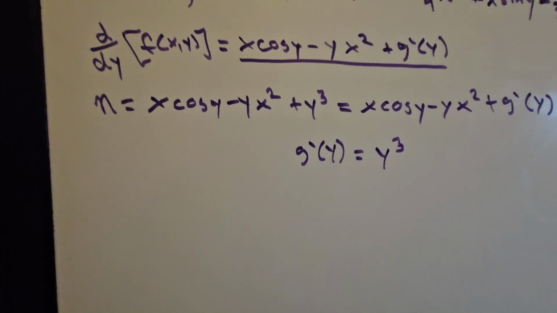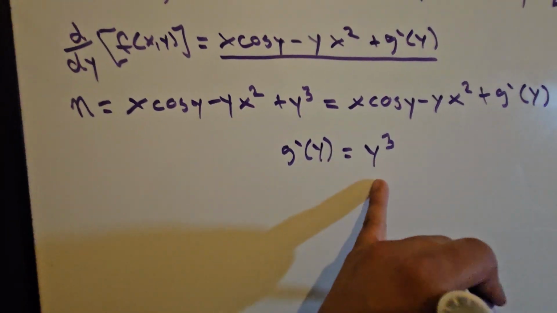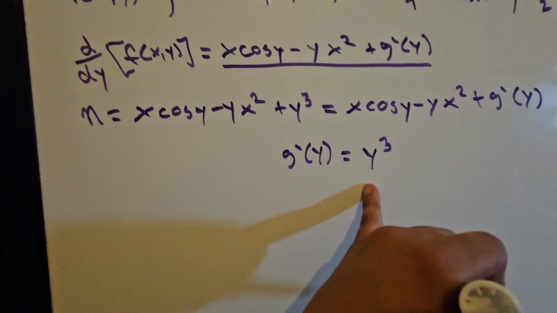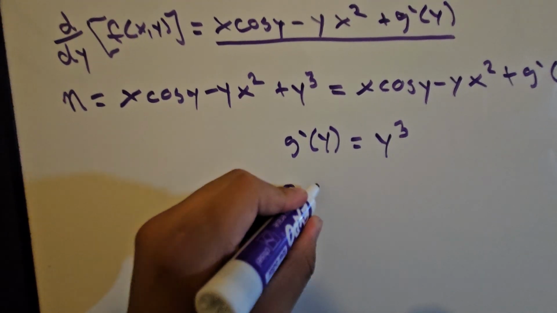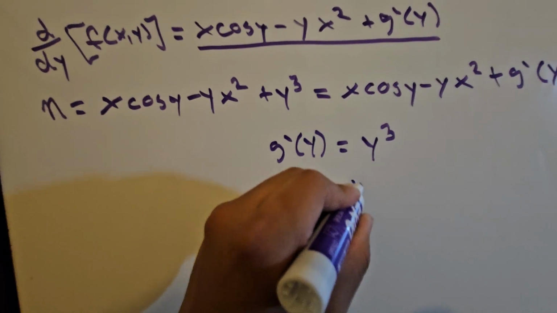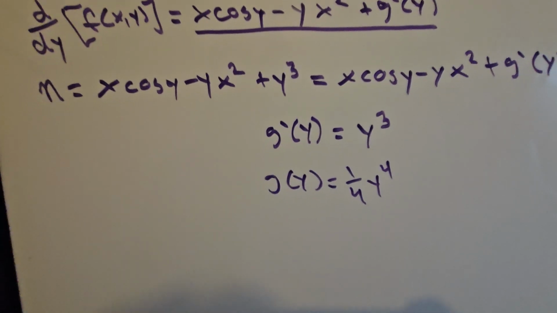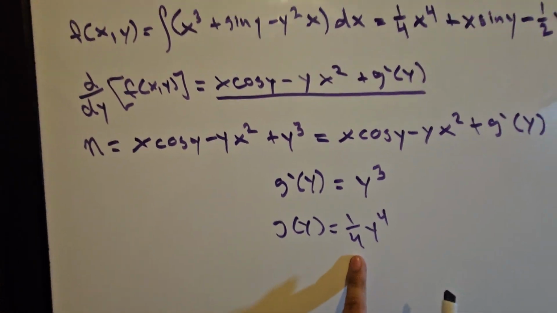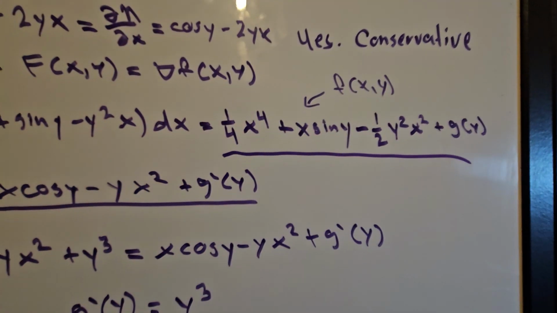But we only want g of y, not g prime of y. So I'm going to take the integral of this. You know how to integrate, it's going to be 1 over 4 y to the 4th. Now we're going to plug that back into our potential function.